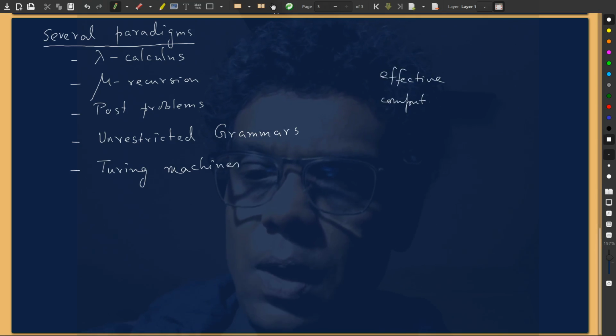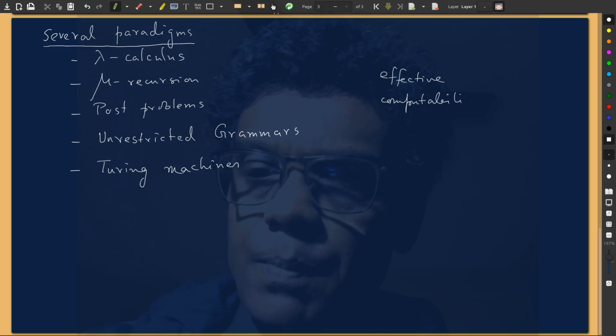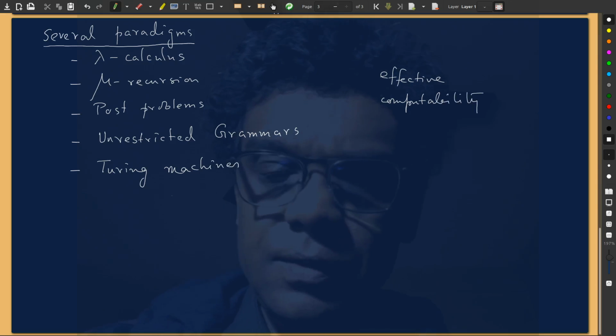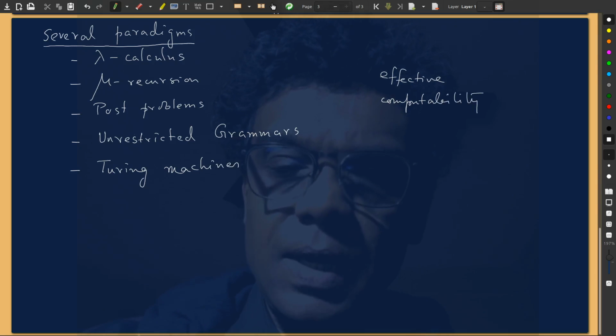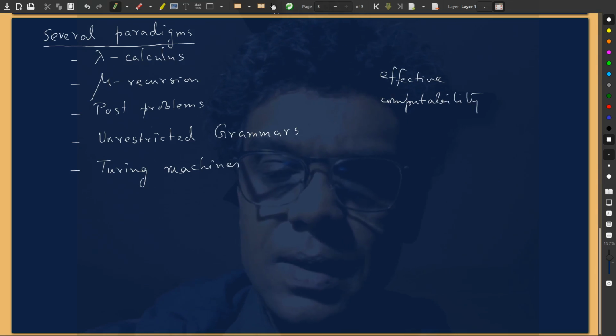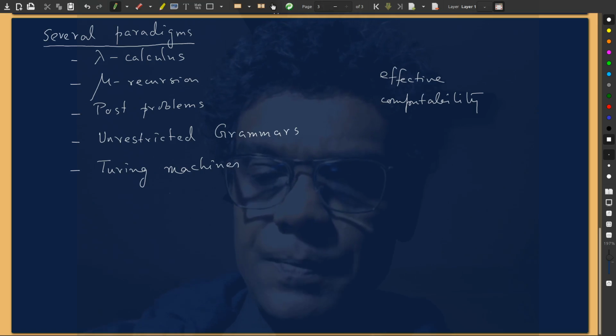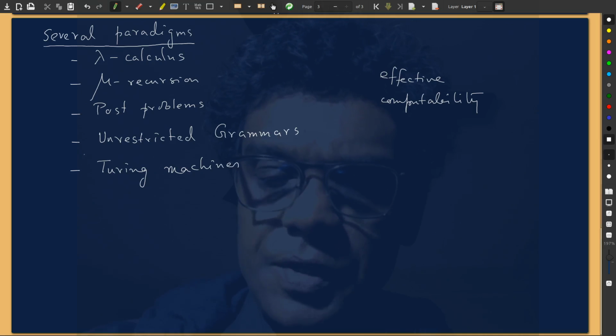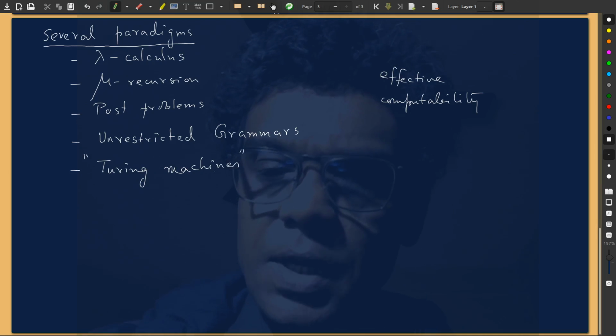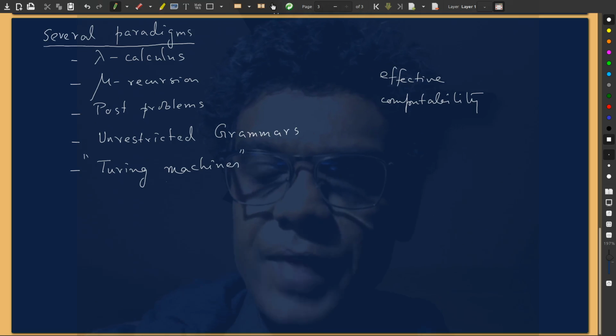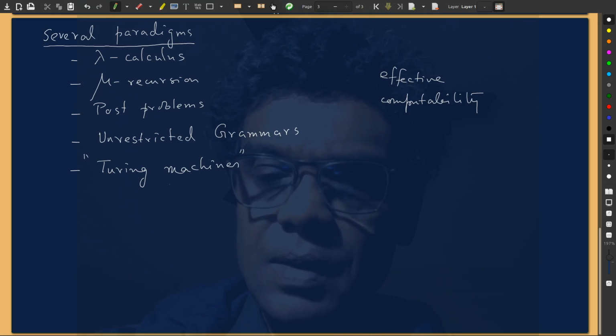These are all mathematical formulations, and they look quite distinct from one another. So Turing machines we will study. They are the only paradigm that looks like machines. Other things are not exactly like machines.